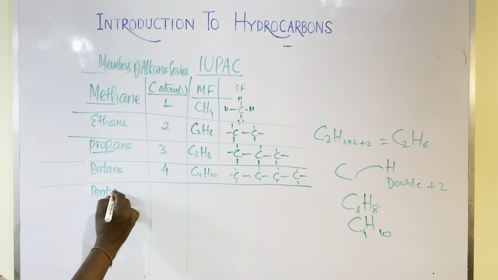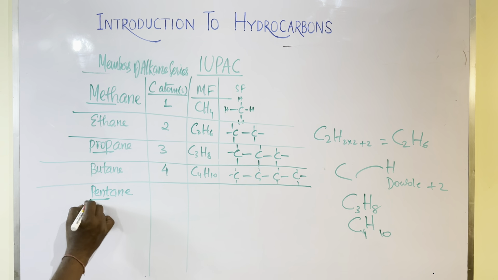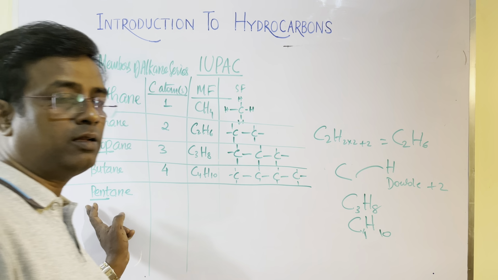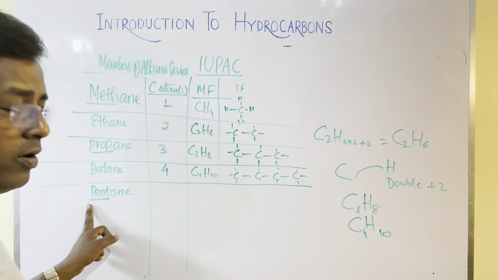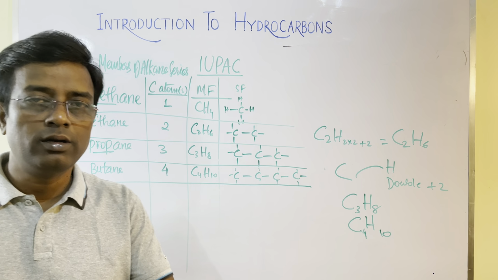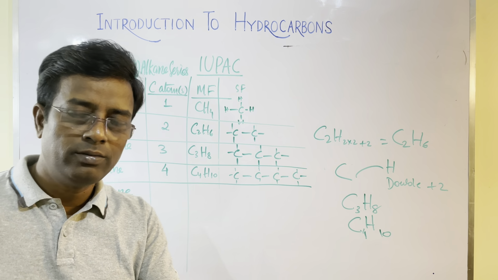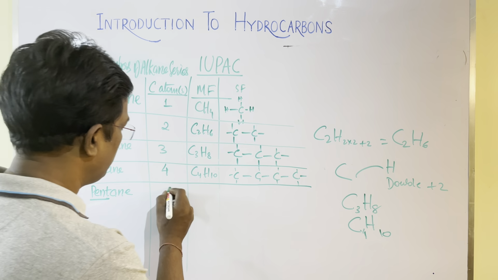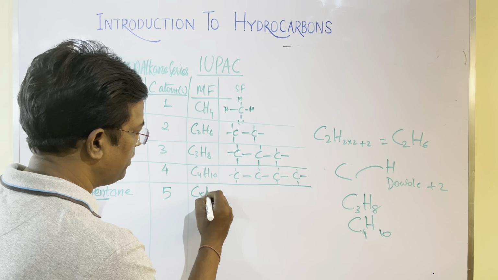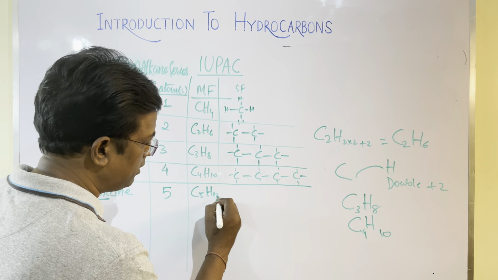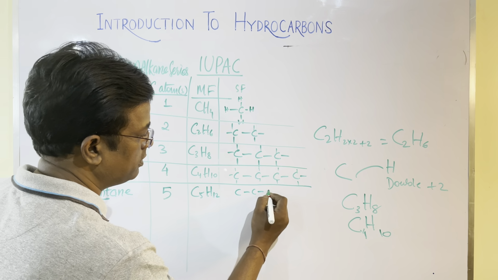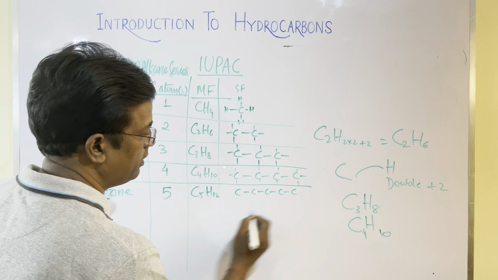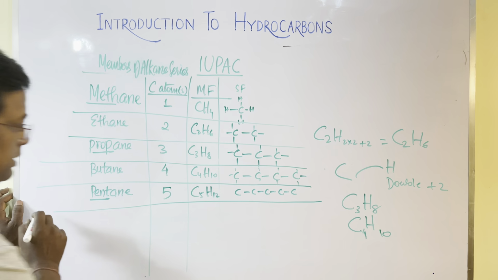Pent for 5, the Greek prefix is pent. Pent is a Greek prefix before the alkane. We should know this to know the number of carbon atoms. 5, C5H double plus 2, 12. 1, 2, 3, 4, 5. Complete the chain here.